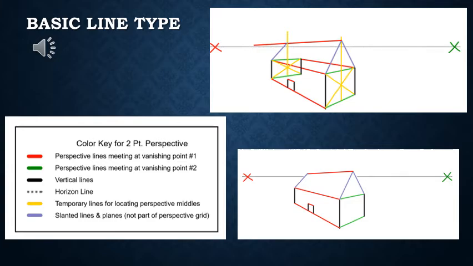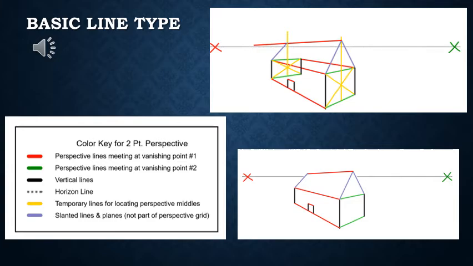We will discuss it in the next slides. It means the basic types of lines are used in 1 point perspective, and there are some extra lines used in 2 point perspective, and we will understand them through these three images.